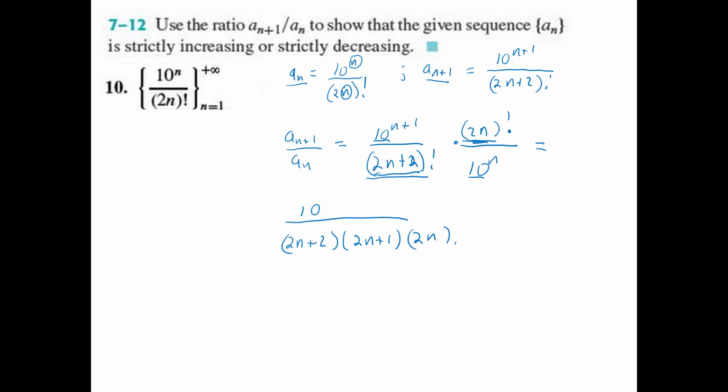So rather than continuing, we just put 2n factorial, and the 2n factorials go away. And so then we get 10 over 2n plus 2 times 2n plus 1.